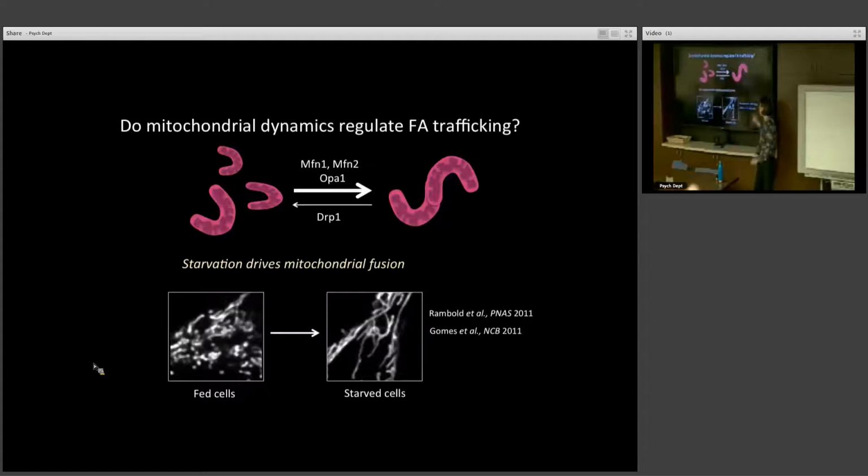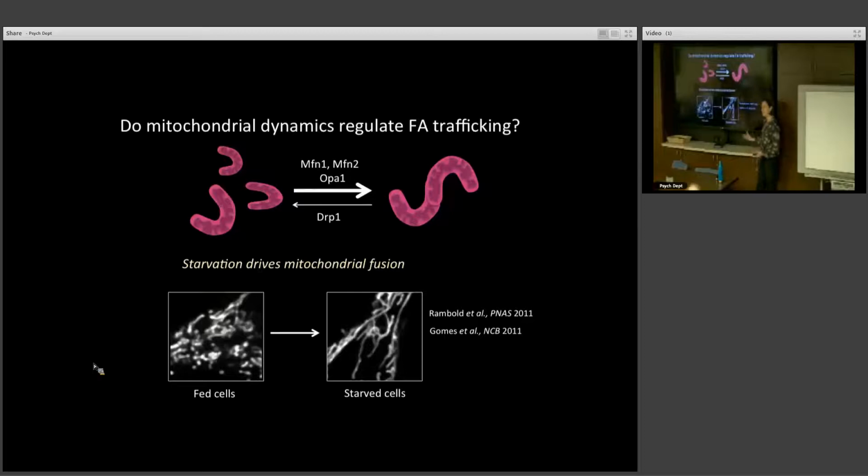My colleague Angelica, as well as Luca Scorrano's lab, had previously shown that in response to starvation, there's less mitochondrial fission. So overall, the balance is shifted towards fusion, and you get these really long tubulated mitochondria.